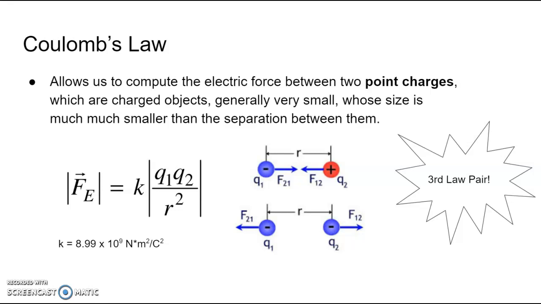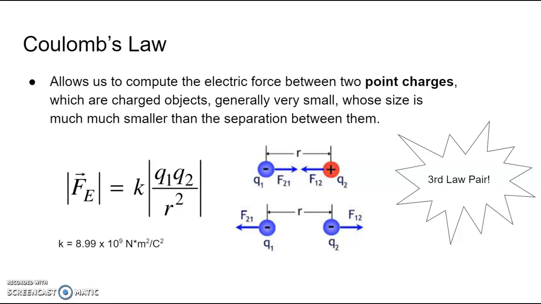This formula holds for things that are very small in size and things that have spherical symmetry. If we put two charges some distance apart, one negative and the other positive, they're going to be attractive. If both are positive or both negative, they're going to be repulsive. That's what these pictures are showing.